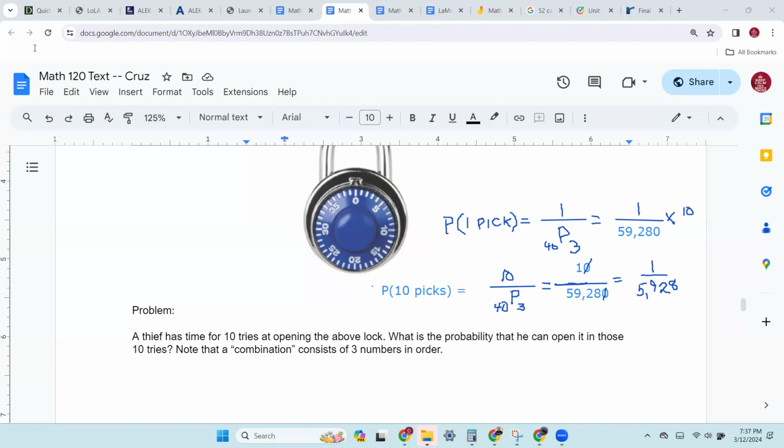So 10 picks does reduce it, but you're still looking at almost 6,000 different possibilities, whereas at the top, it was a little bit more than 59,000.